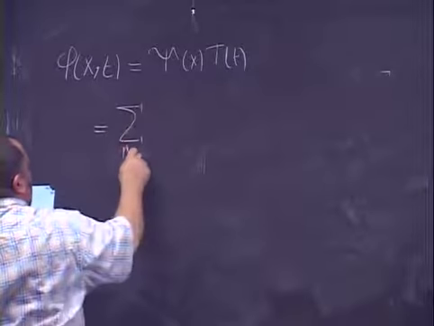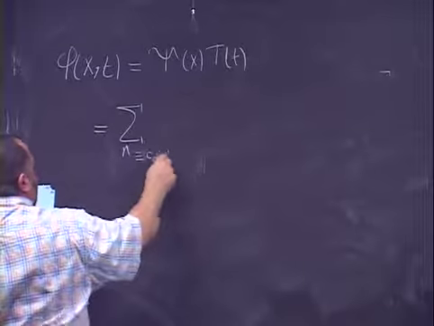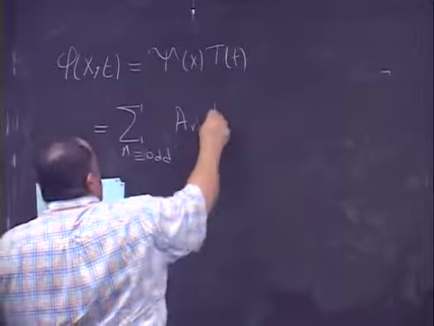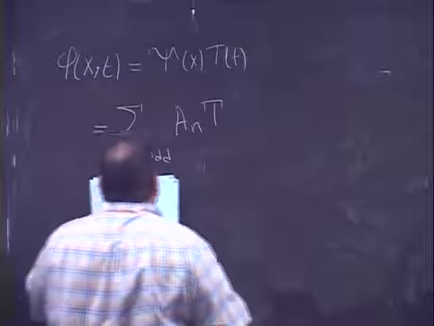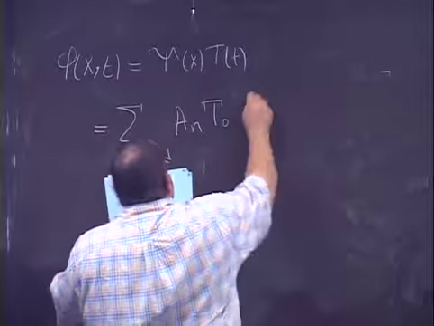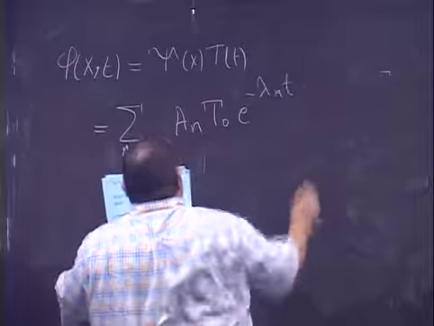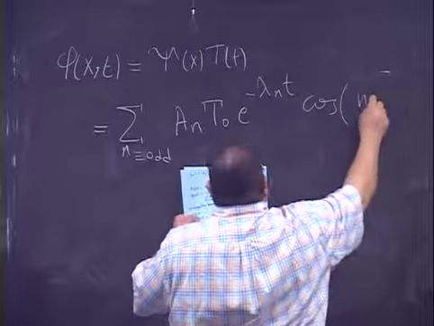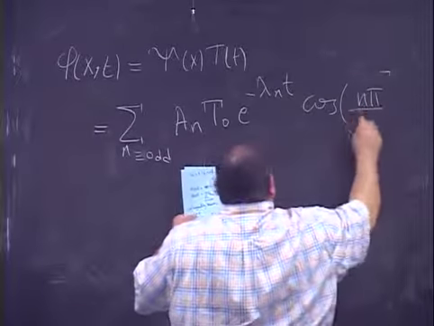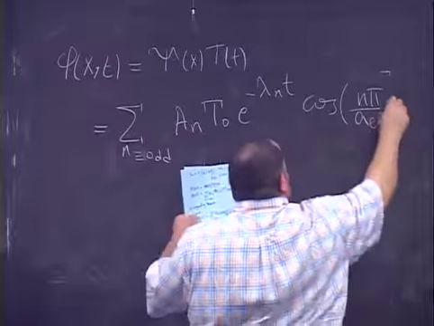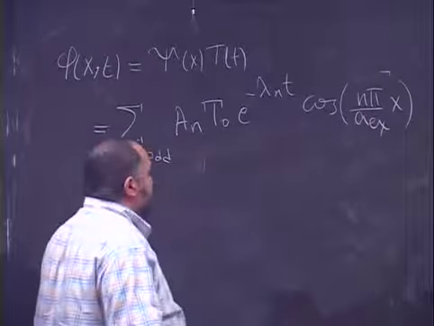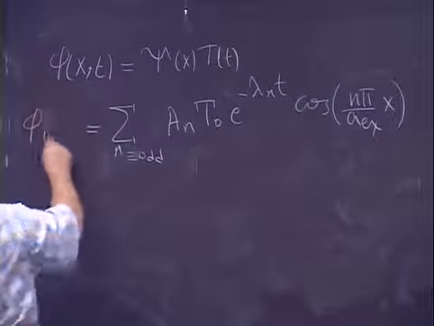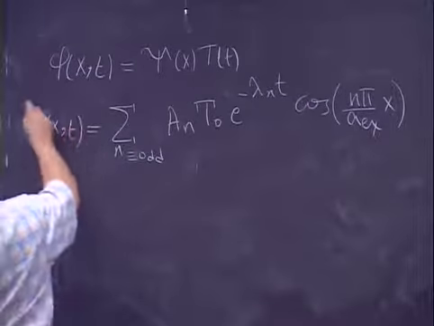Summation for n odd, meaning 1, 3, 5, and so on, an t naught e to the power of minus lambda n t cosine bn x, where bn is just n multiplied by pi divided by a extrapolated, all multiplied by x. So this is the final solution for the eigenvalue problem.